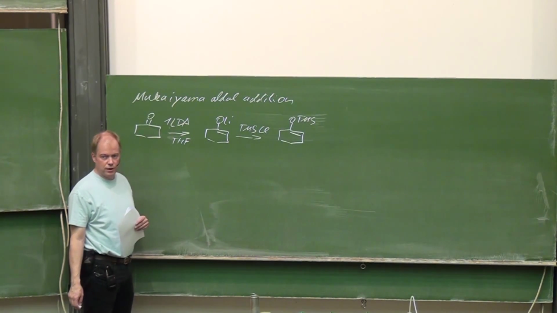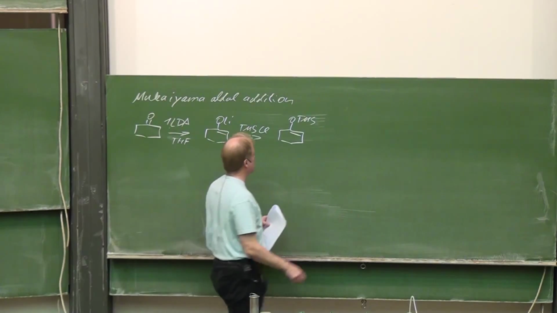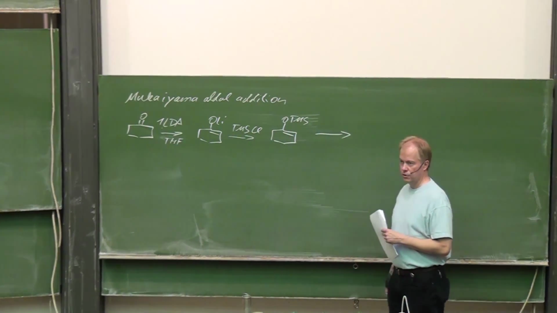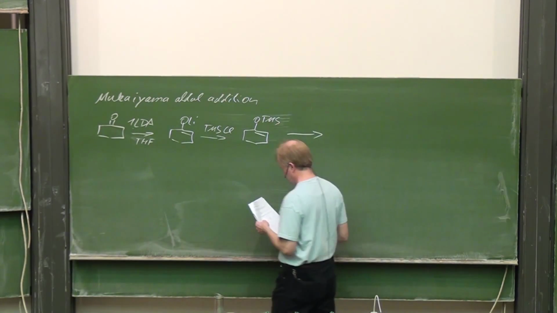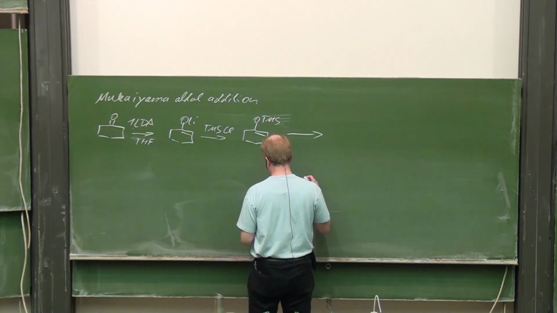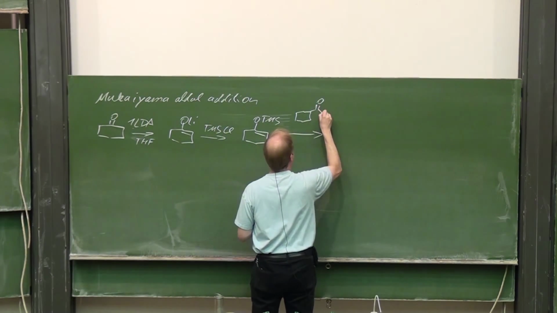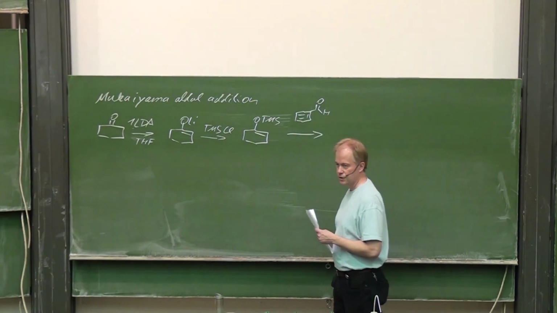This is rather stable under neutral and basic conditions, so we can store that and we can apply it for the Mukaiyama aldol process. And this is adding an aldehyde. Here's an example, simply benzaldehyde.